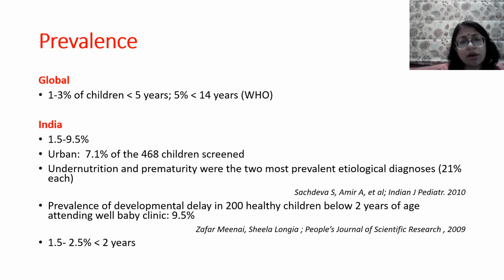Indian studies have reported a prevalence of 1.5 to 9.5%, and it was found to be around 7% in urban children. Undernutrition and prematurity were found to be the most prevalent etiological diagnoses in one of the studies, and in children less than 2 years the Indian studies have found a prevalence of around 1.5 to 2.5%.